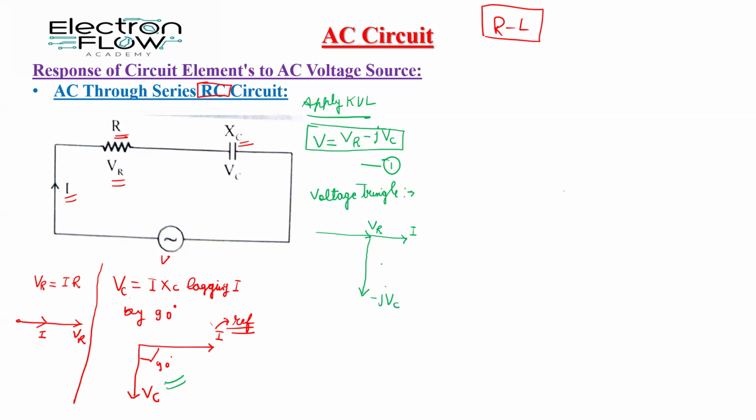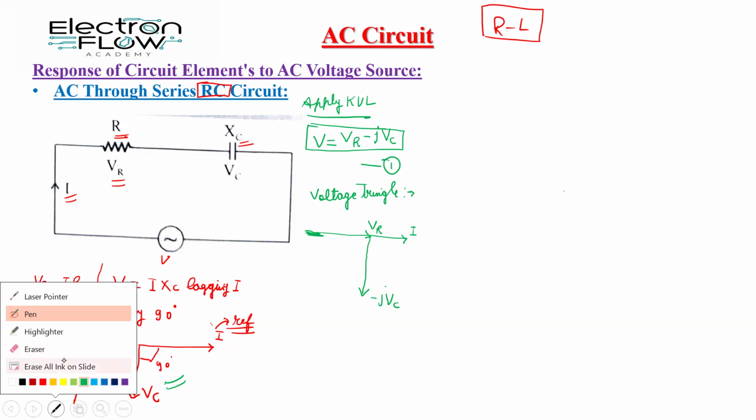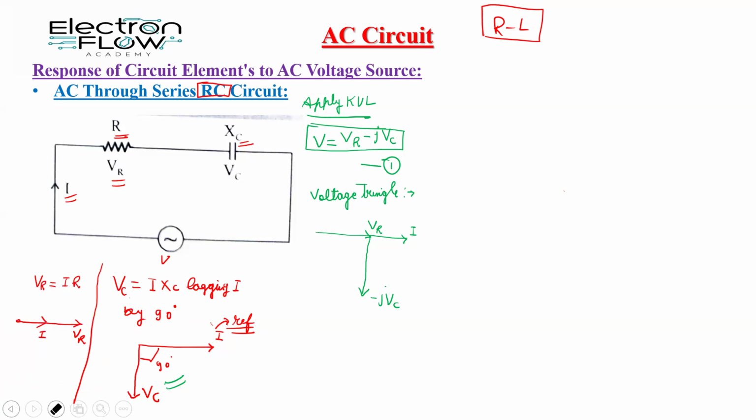The total voltage is the resultant of both, which starts from here, at an angle of phi. This is our resultant voltage. So this is how we write this equation: V is equal to VR minus j VC. This is our voltage triangle.